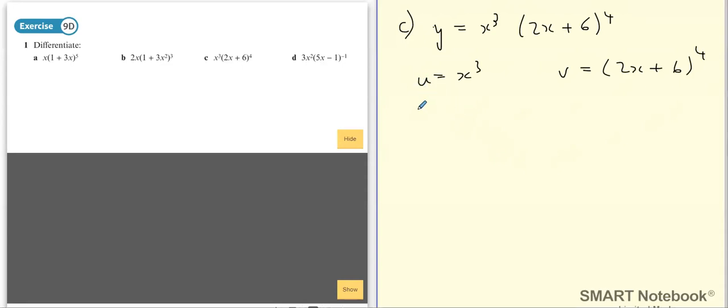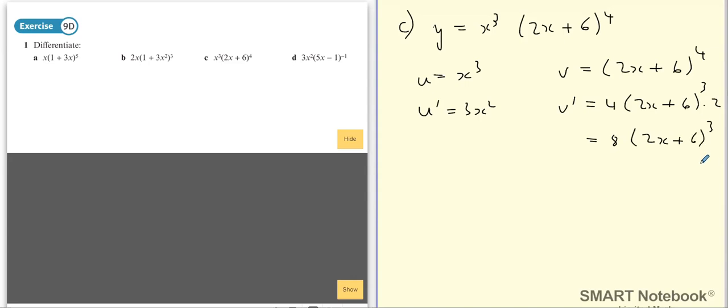So u dash is going to become 3x squared, nice and simple. V dash is going to become 4(2x + 6) cubed times by 2. So we get 8(2x + 6) cubed. Okay, so that's where we stand at the moment.